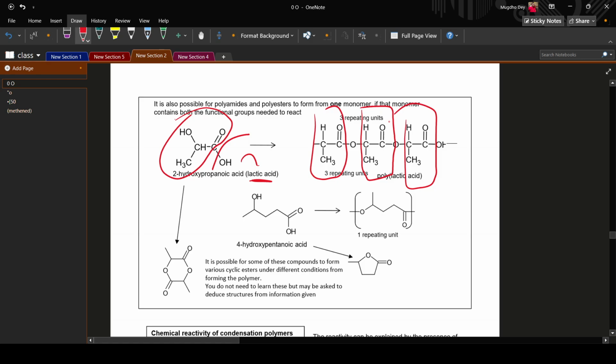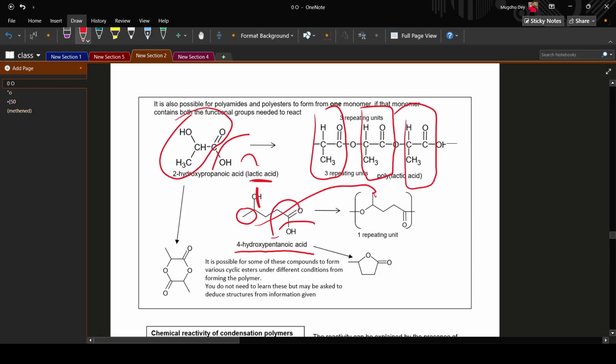If I talk about this one, 4-hydroxypentanoic acid, it is the same thing. You can clearly see that here the OH is getting away, and the H is getting away from here. See what is happening. This one basically came here, like they just rotated it. What they did is pretty simple.